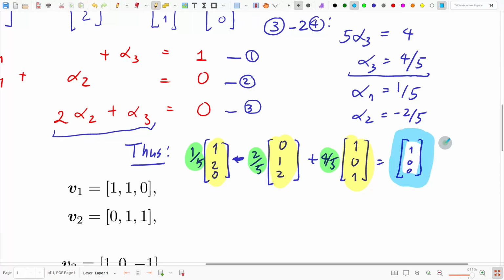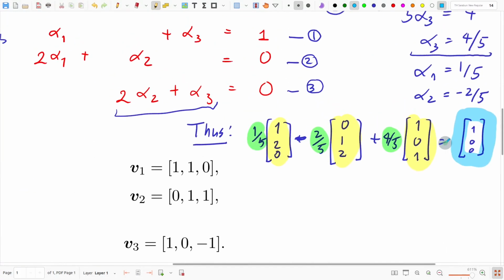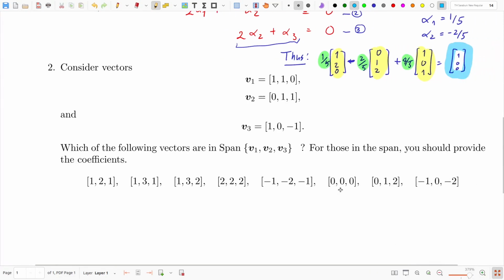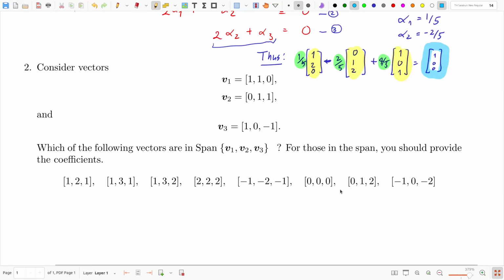Okay, so this is a quick review on linear combination. But if you have a set of vectors, let's look at the next one, the second problem. You have 3 vectors, v1, v2, and v3, and with these we can have a lot of linear combinations.